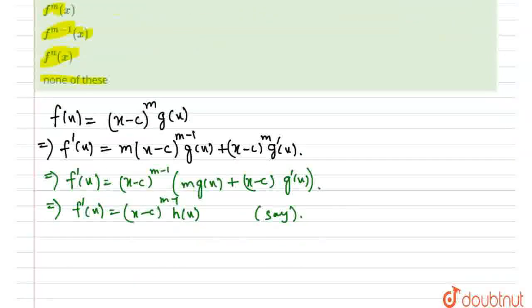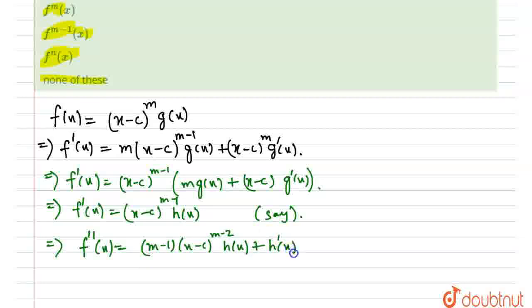Now again we just do the same differentiation. What we would find, just continue the same process. f''(x) is equal to (m-1)(x - c)^(m-2) h(x) plus h'(x) times (x - c)^(m-1).